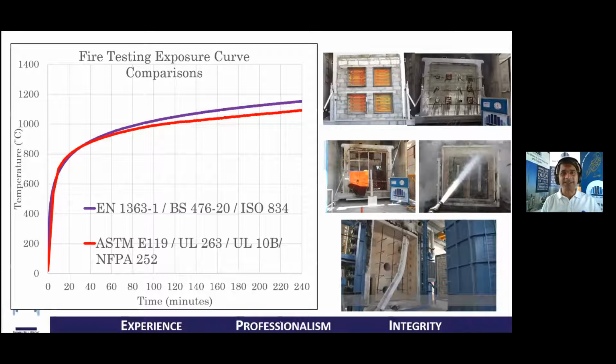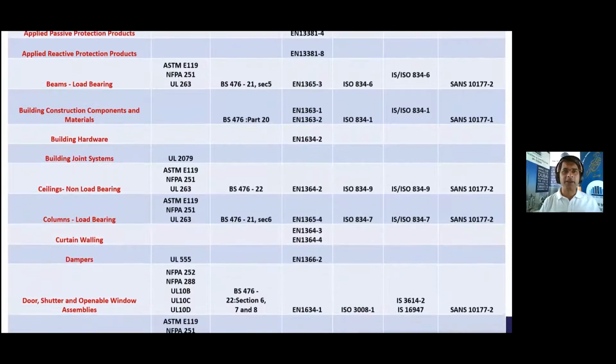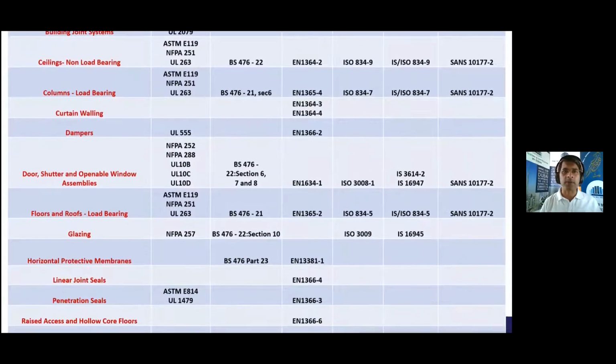How all of these can be tested almost in the same manner as a door or a partition is tested. And hence, what you get is a huge array of different test methods, different product groups.